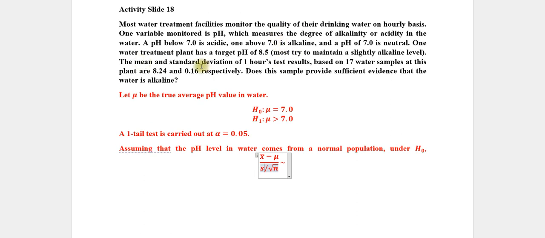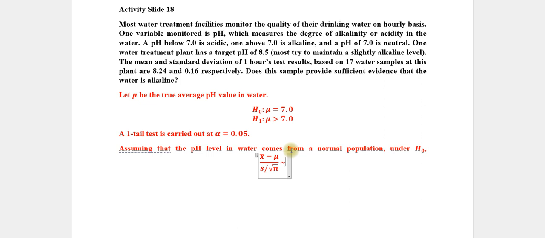because now you don't have sigma, but this 0.16 is based on your sample, and if it is based on your sample, it is s that is given and not sigma. And this follows not a normal now, because this time you have sigma unknown and sample size small.